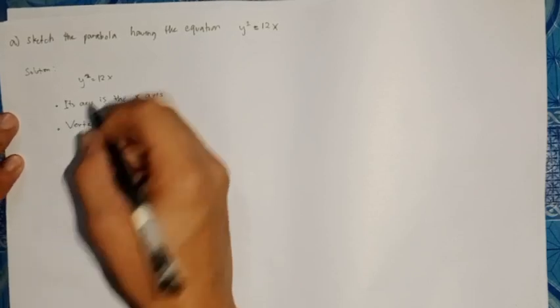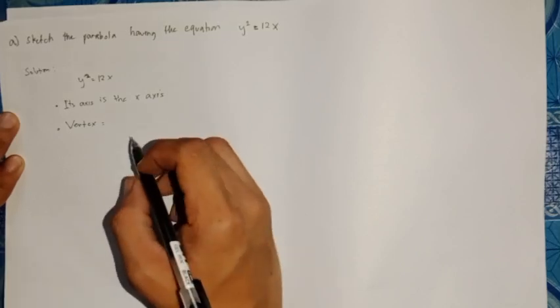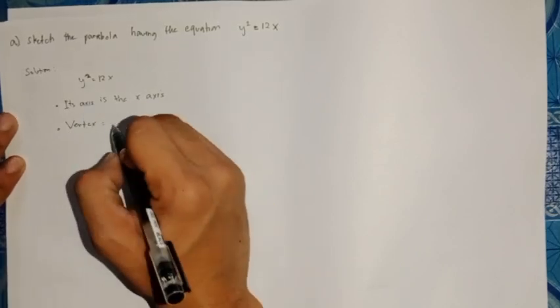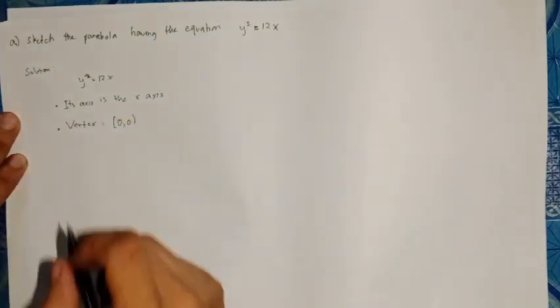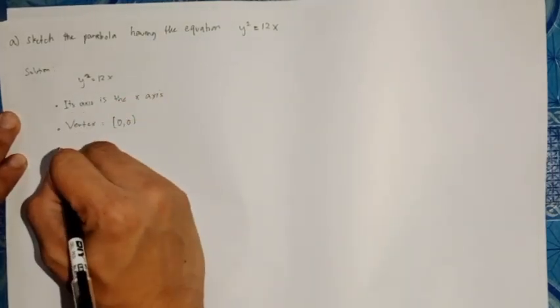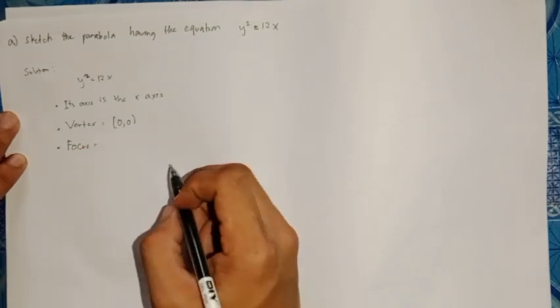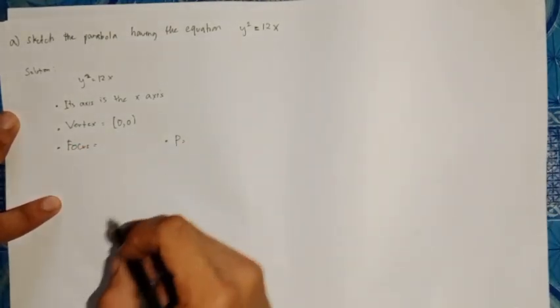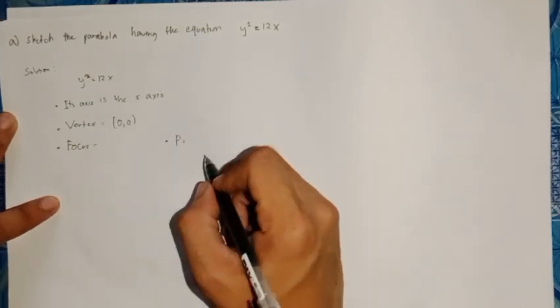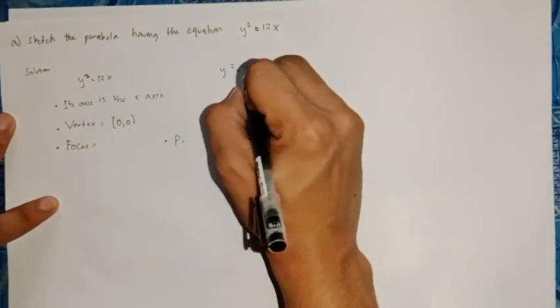Since y squared is equal to 12x, and our vertex is denoted by (h, k), therefore our vertex is (0, 0), since the center is at the origin. Next, let's find the focus. To find the focus, let's first find p. The formula of this parabola is y squared equals 4px.